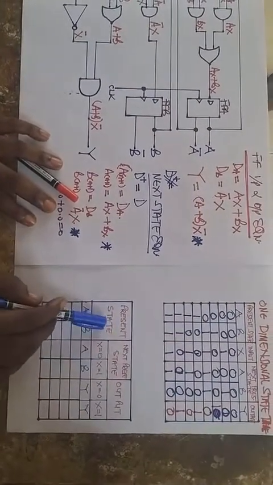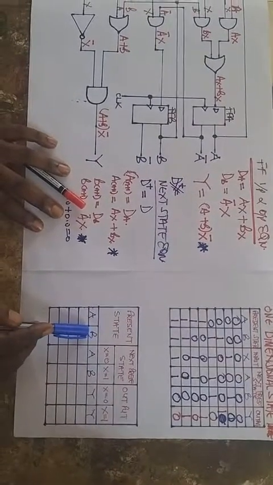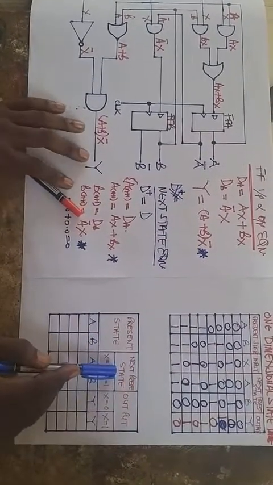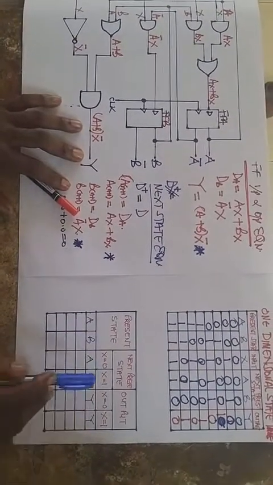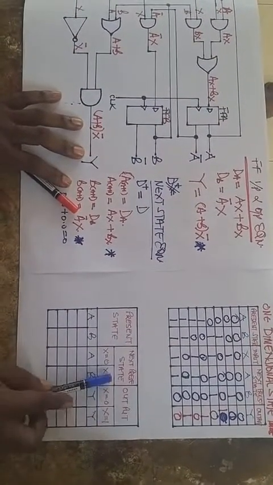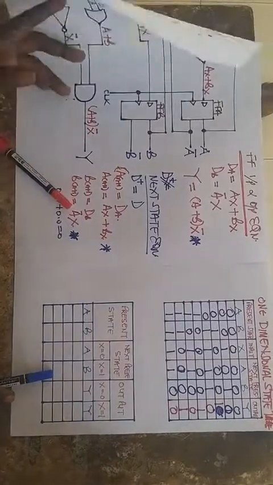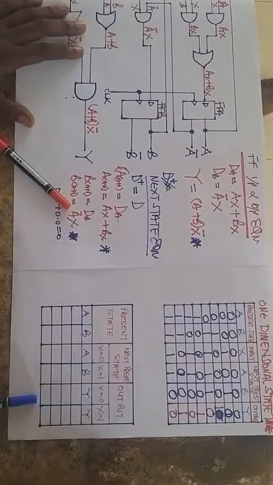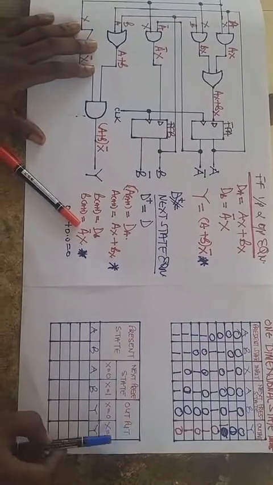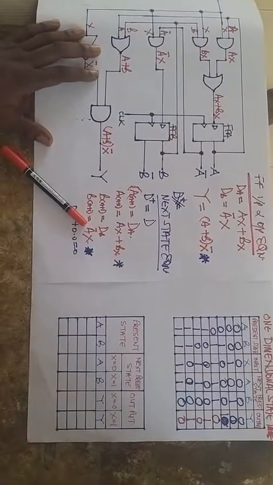We have our present state, which is AB. Now, for our next state, we consider when the input is 0 for one column, and then when the input is 1 for another column. And for the output, we consider when the input is 0 for one column, and when the input is 1 for another column.